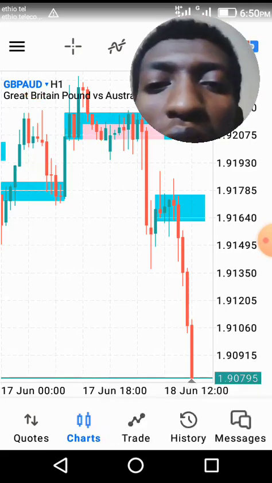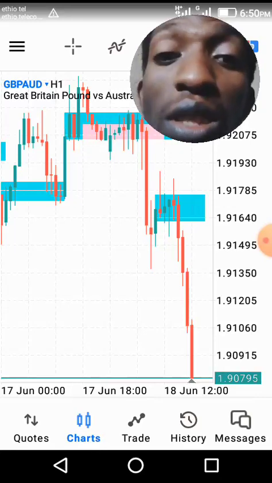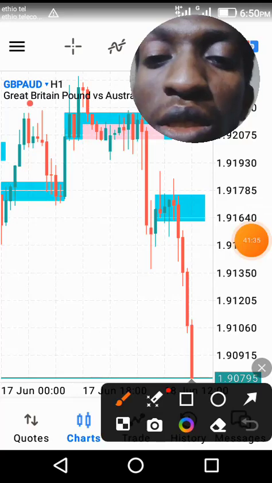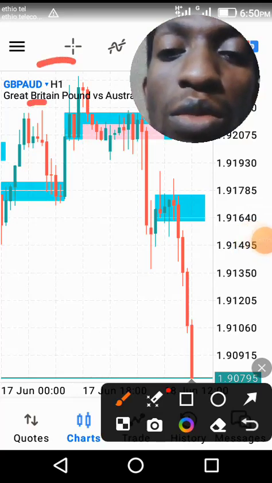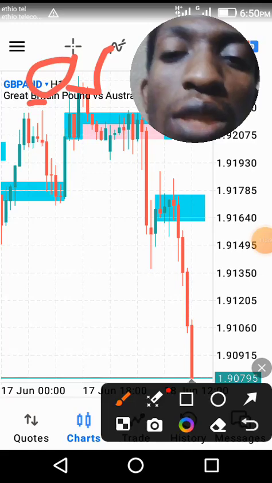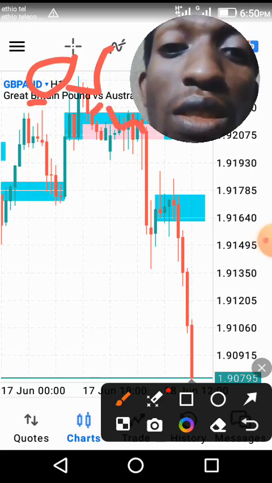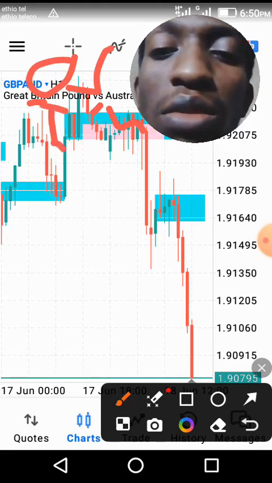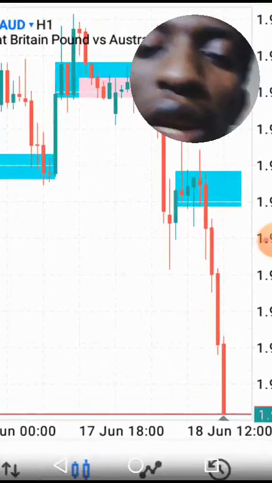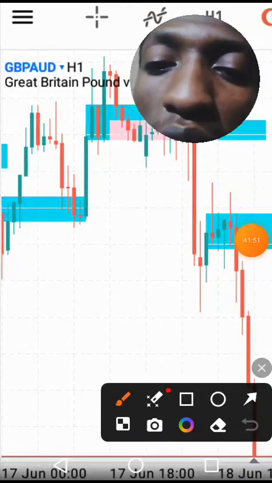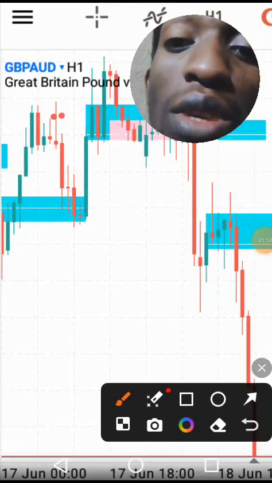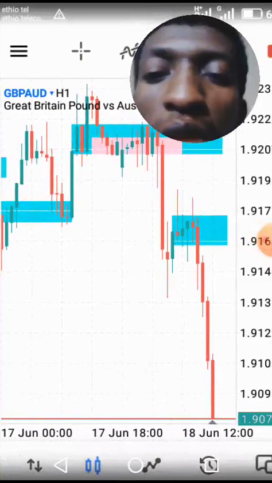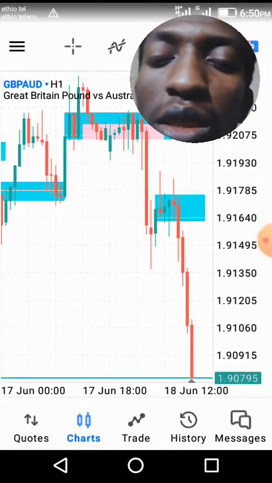Look at this. But anyways, I would have entered this, bro. If it was 15 minutes or 5 minutes, I would have entered this since it has less risk. Since this is a 1 hour, I'm going to pass this. If this wick right here was around there, I would have entered this based on this. Okay, simple as that.